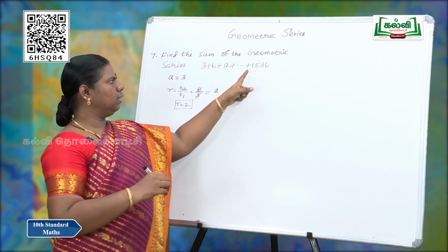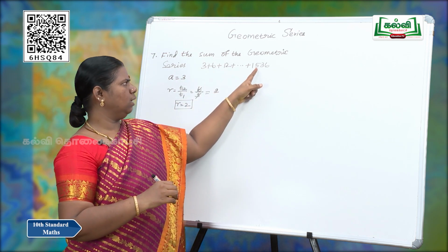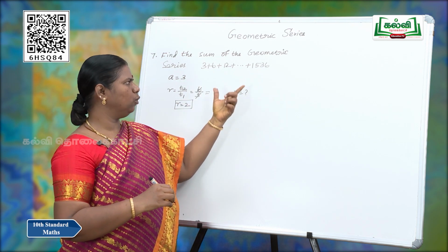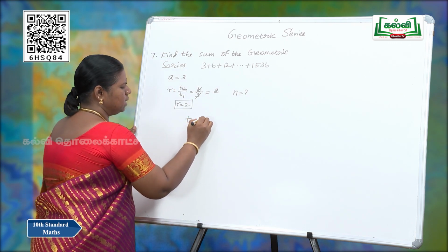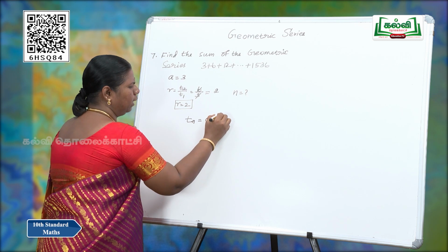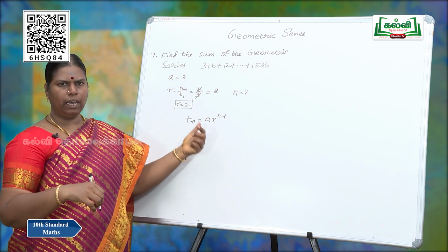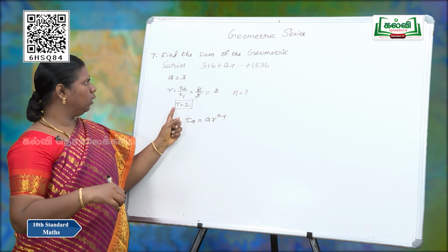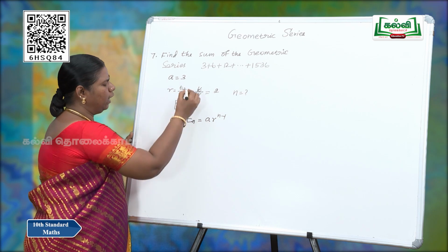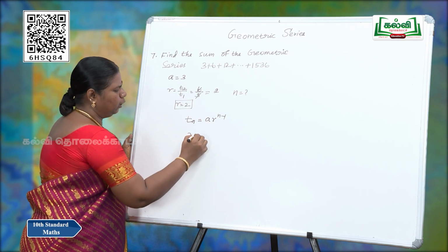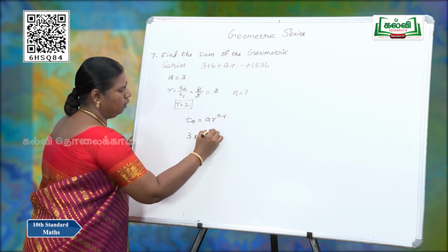Here, which term of this series is 1536, we do not know. For that we have to apply Tn is equal to A into R power n minus 1. So, first we have to find the value of n, then only we can find the sum. In the place of A, put 3 into R is 2 power n minus 1, we don't know n.